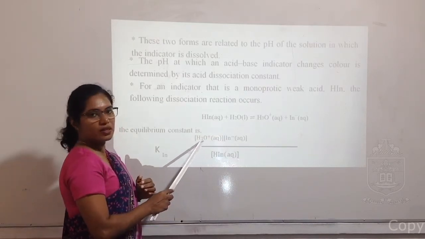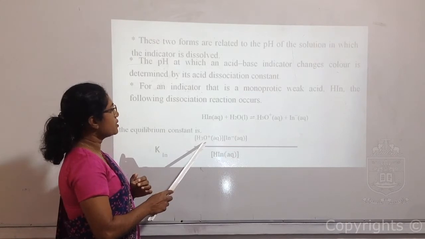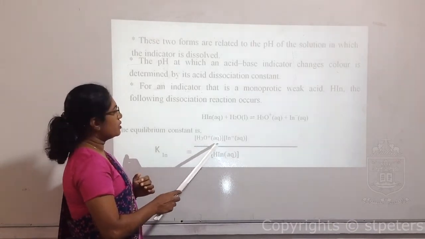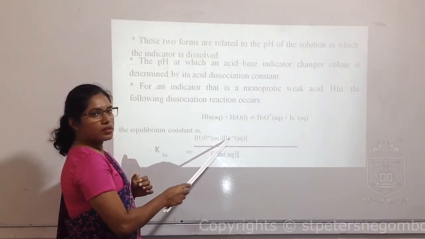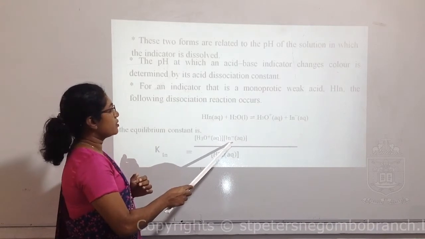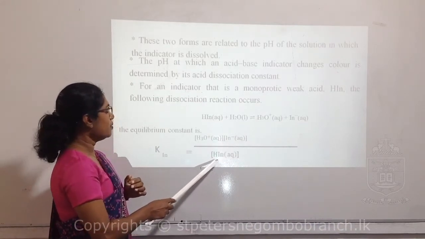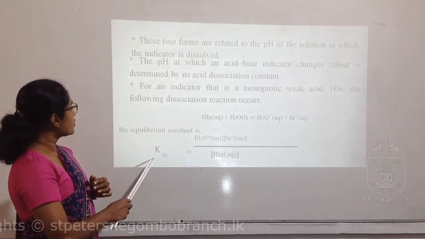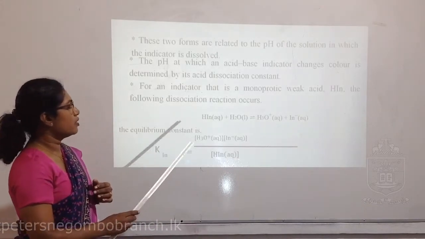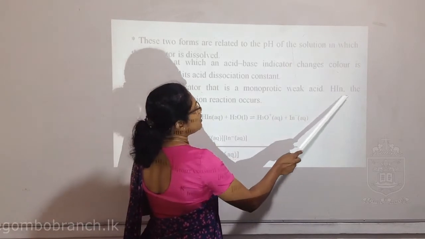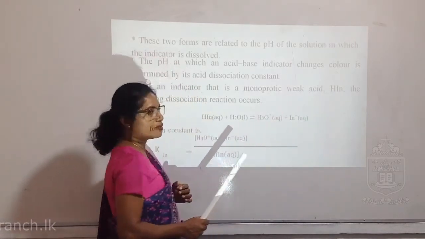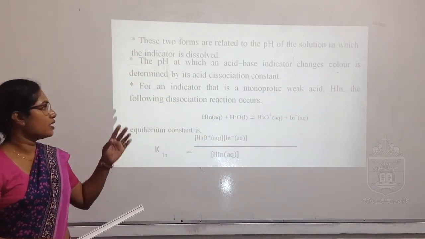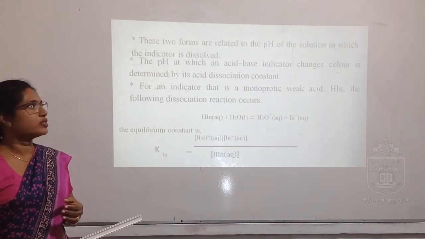This is the expression for it: the concentration of H3O plus times the concentration of In minus, divided by the concentration of HIn. This is the KIn value of this weak acid HIn, which works as an indicator in this titration.